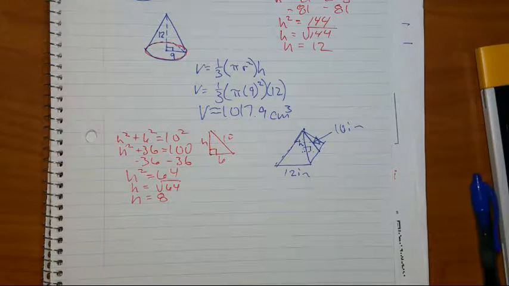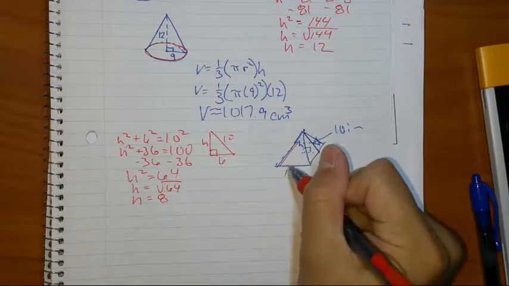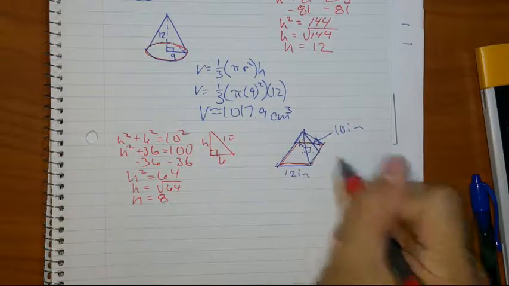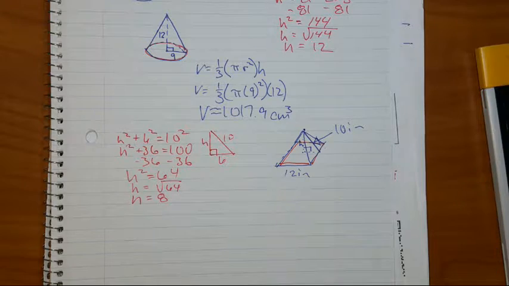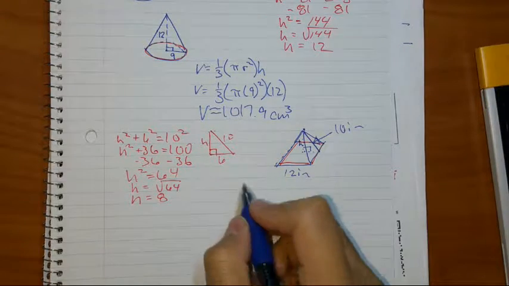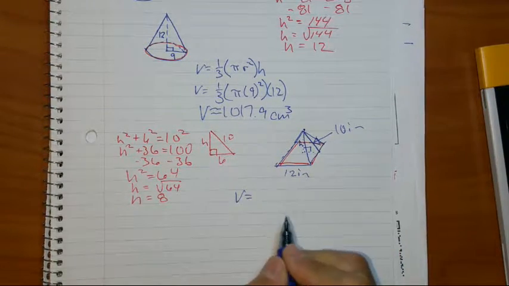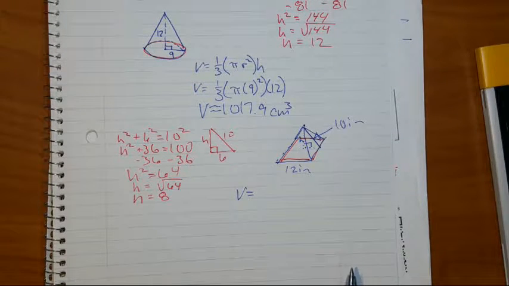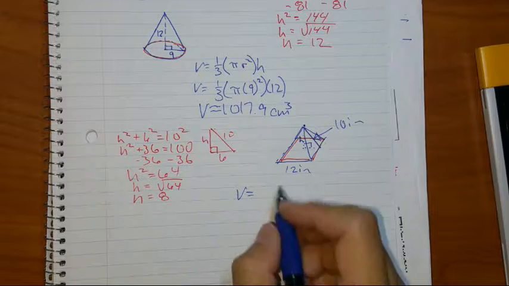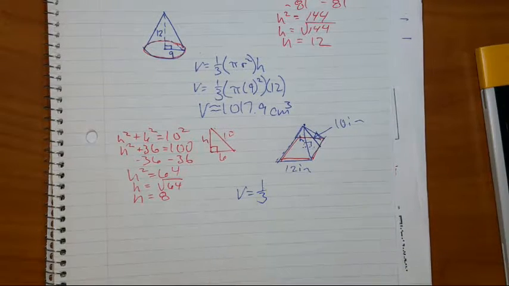Now, the shape of the base is going to be this piece right here, right? What's the shape of that base? Rectangle. So my volume is equal to, what goes out front? 1/3. Thank you. 1/3. Always.